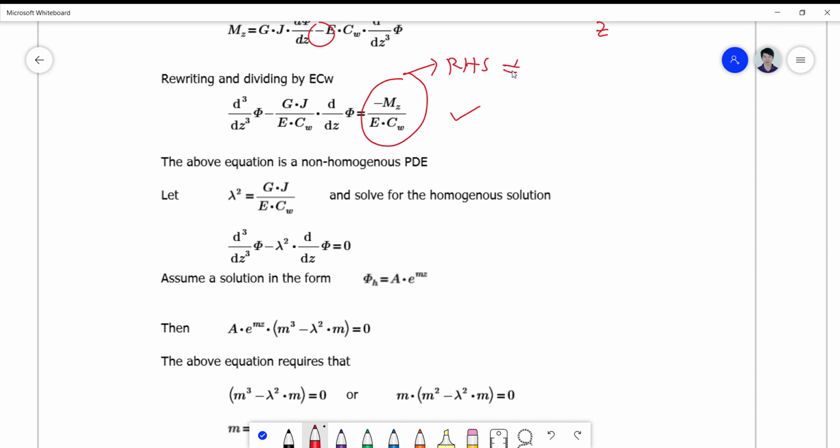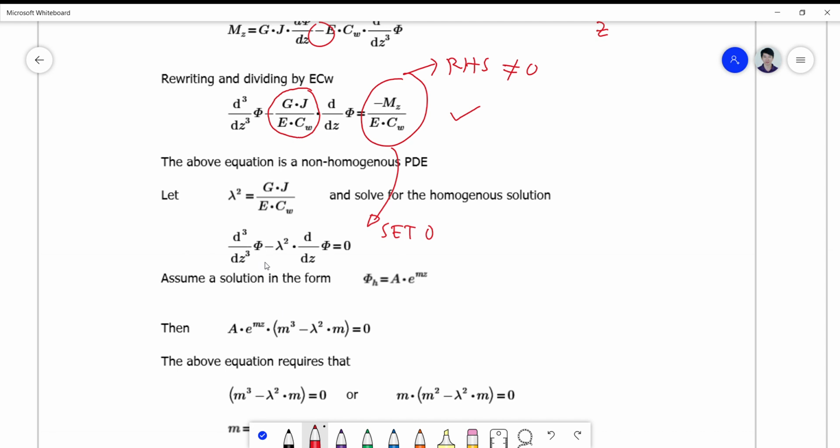In your advanced math, this is the elementary procedure on how to deal with a non-homogeneous equation. You set the right hand side to zero first and then come up with a parameter lambda squared to substitute for the coefficient of your variable of consideration, which is phi.